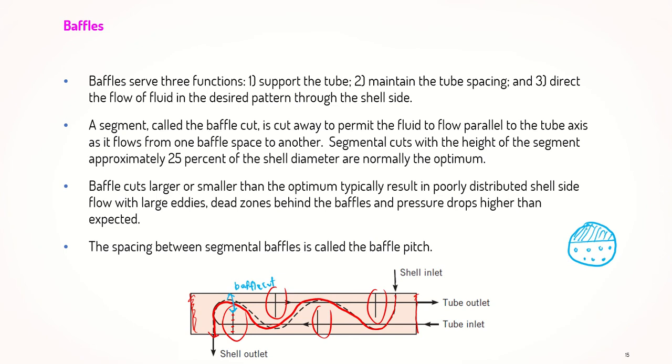So if we cut a segment to permit the fluid to flow parallel to the tube axis, this segmental cut we call the baffle cut. So the baffle cut is here, this part here.